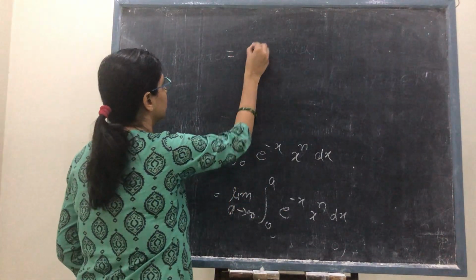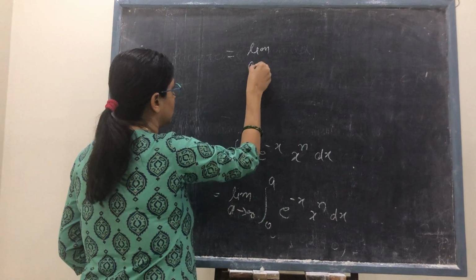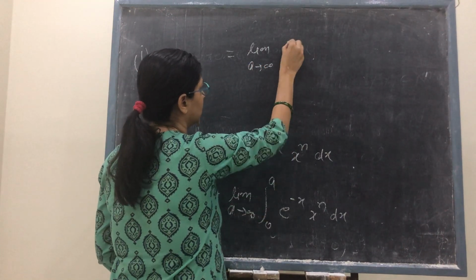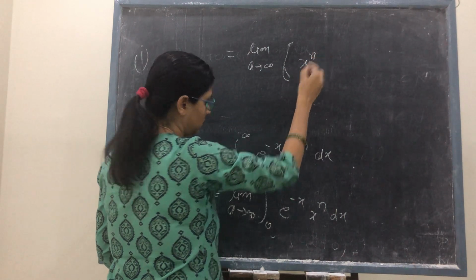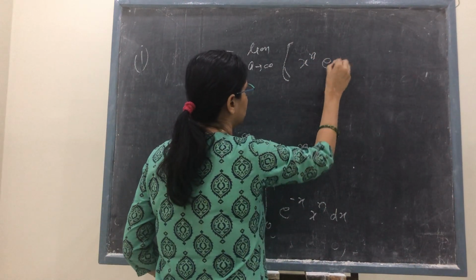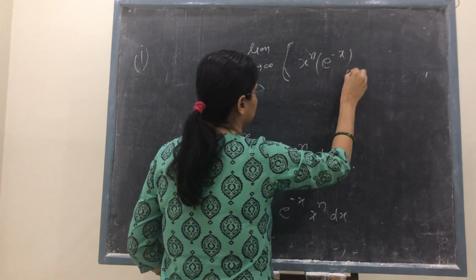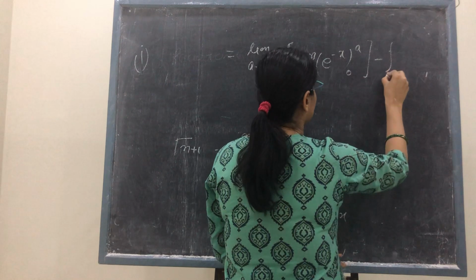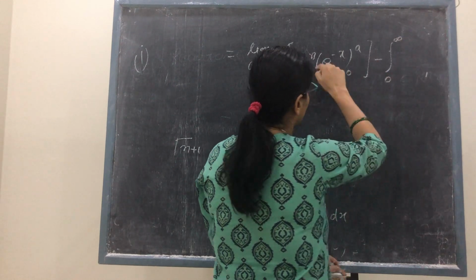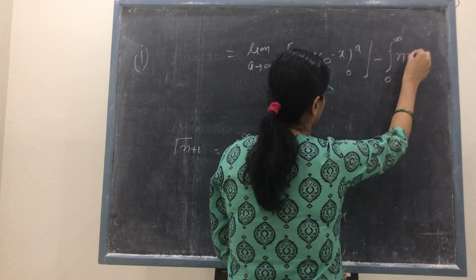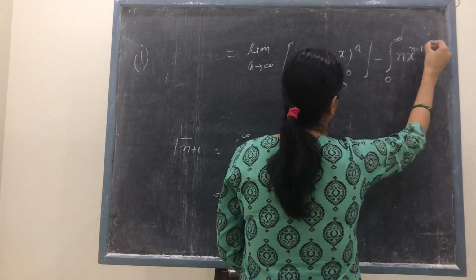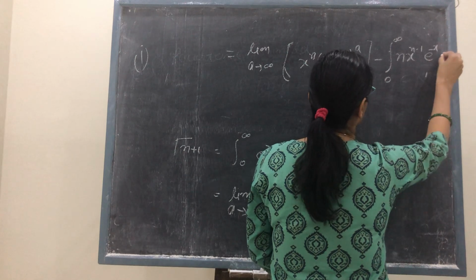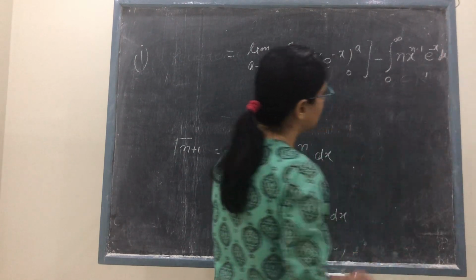Now this becomes the limit as a tends to infinity of x raised to the power n times e raised to the power minus x, from 0 to a, minus the integral from 0 to infinity of the derivative, that is n x raised to the power n minus 1, times e raised to the power minus x, dx.